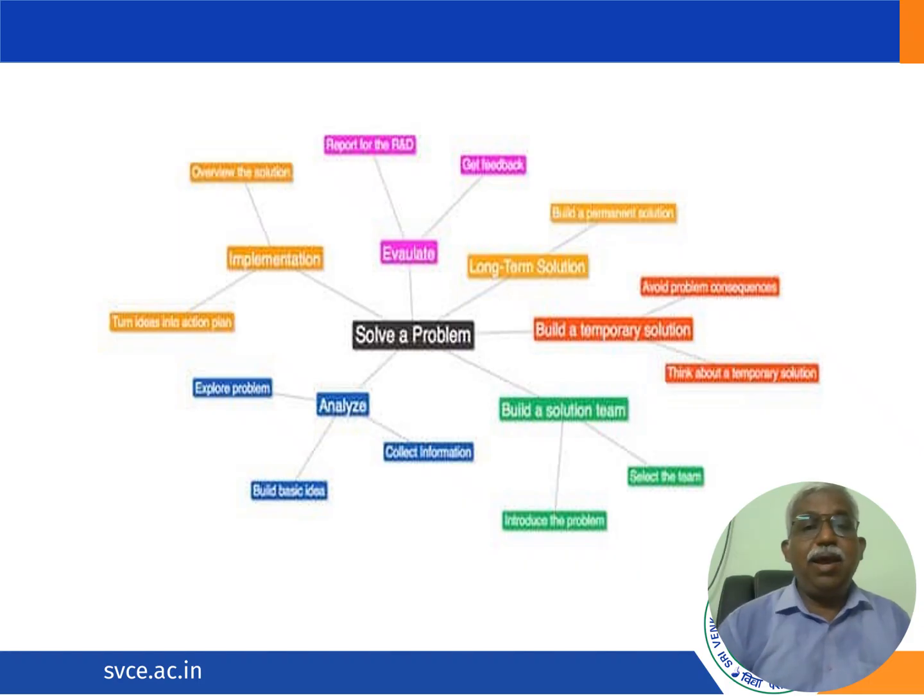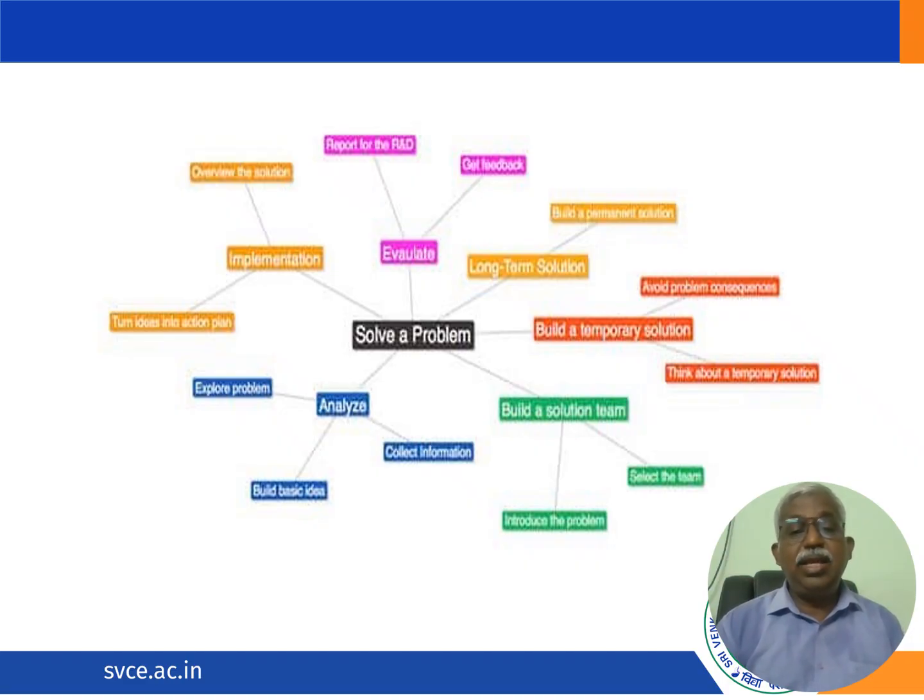Solve a problem and solution. We have a different problem statement. One is evaluation with the suitable tools. We discussed many tools to identify a problem. From the problem statement, using different digital tools we are conducting analysis and building a solution team.